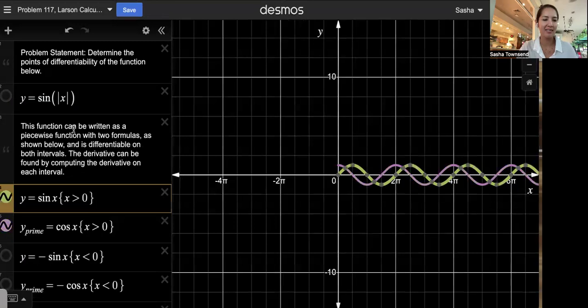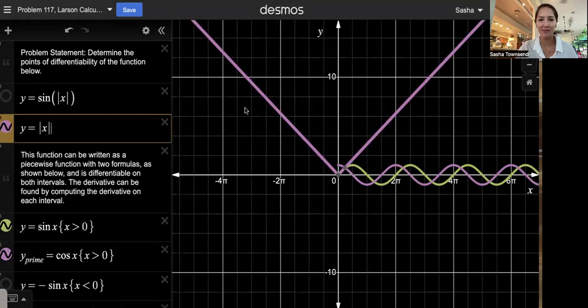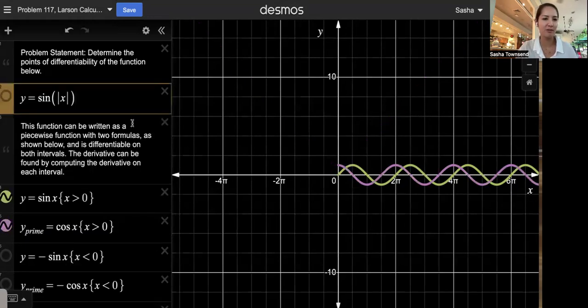Now, on the other side, we've got sine of the absolute value of x, which is negative x, remember. So we're substituting in negative x on the interval from negative infinity to 0. And remember that with our properties, sine of negative x is actually negative sine of x, because sine is an odd function.